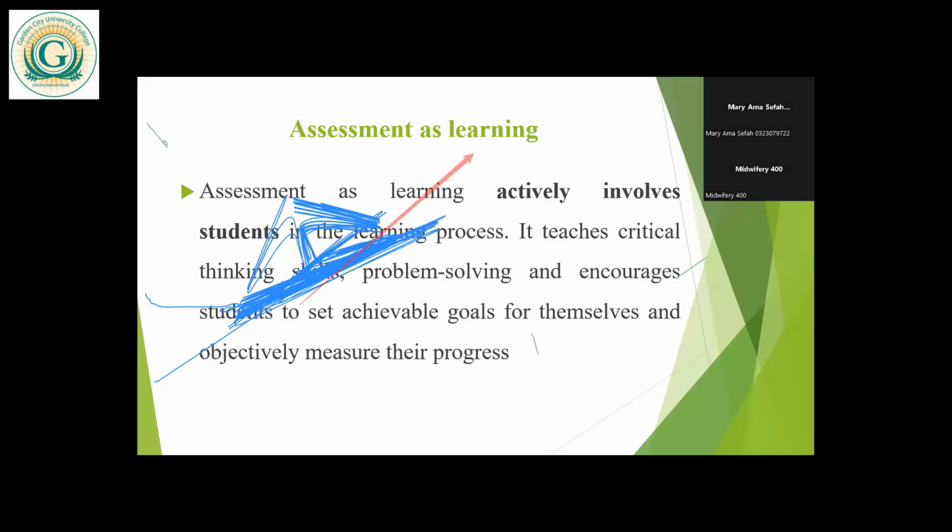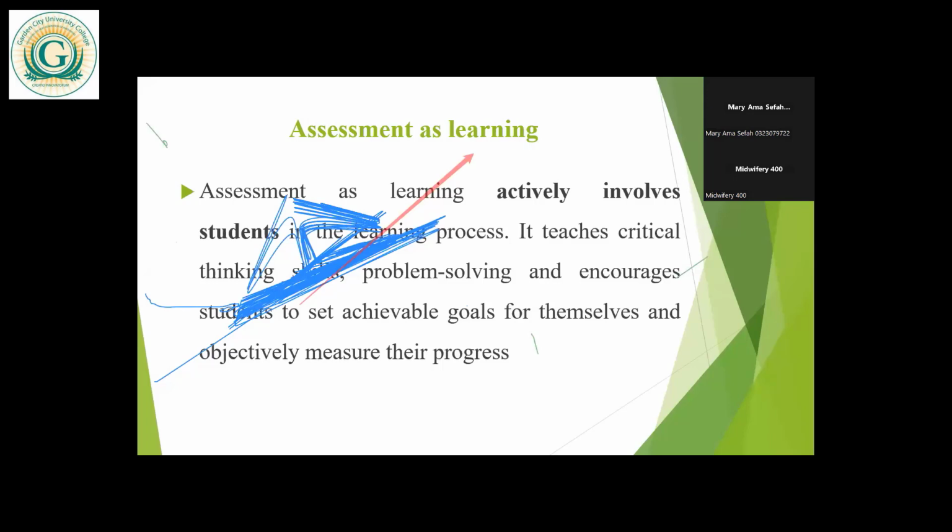So as I said, instead of me teaching you the material, before I teach you the material, I can first give that material to you as an assignment to go and do first. And that is an assessment, which I've used as a teaching methodology.